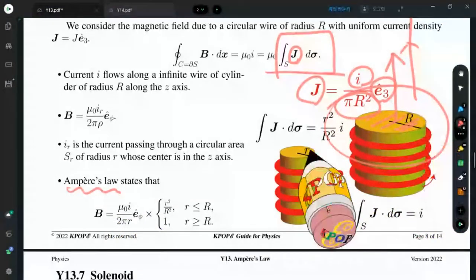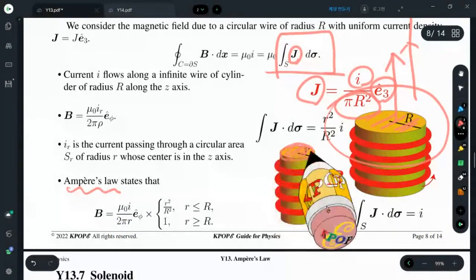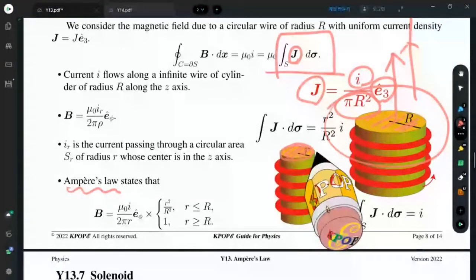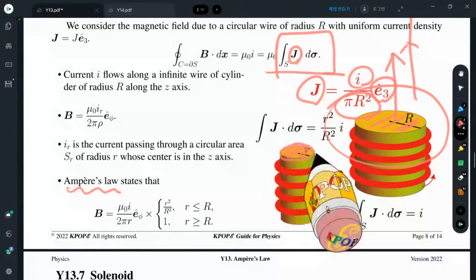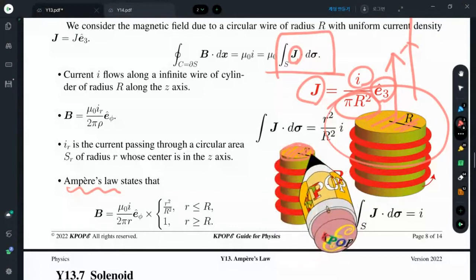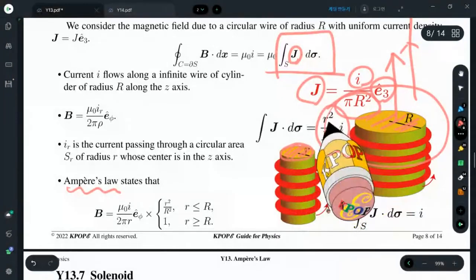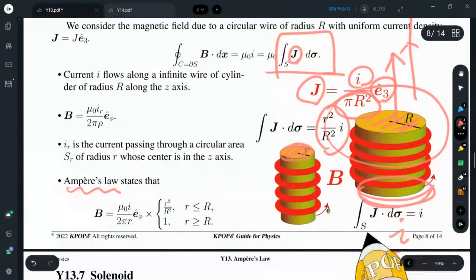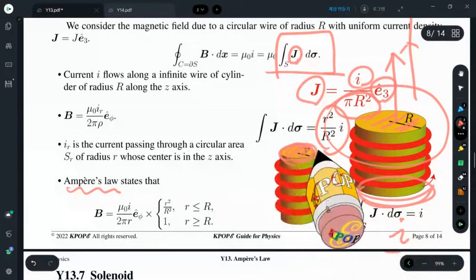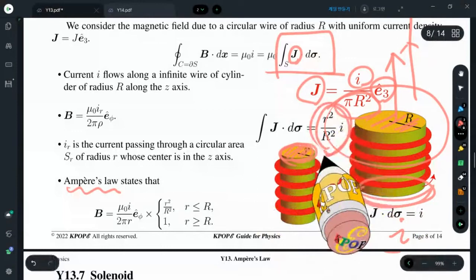But inside the thick wire, the amount of current enclosed by this small closed path should be smaller by a factor of radius squared. This is current I, but the current surrounded by this Amperian loop is smaller.